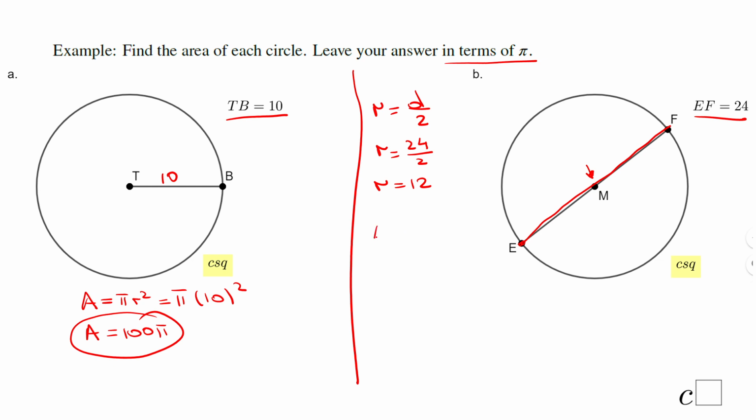So now we can move to the last part. We're going to use the same formula, pi r squared, where I'll replace r with 12. So pi times 12 squared, very similar. Order of operations, 12 squared is 144 pi. This is the exact area. If you need an approximation, like I said, use a calculator and see how you approximate.